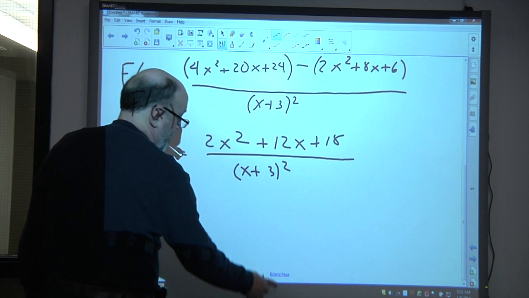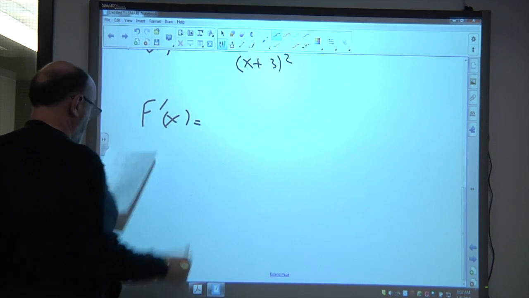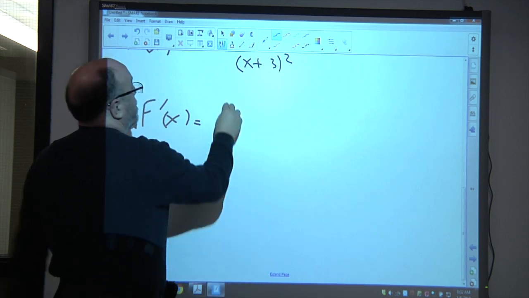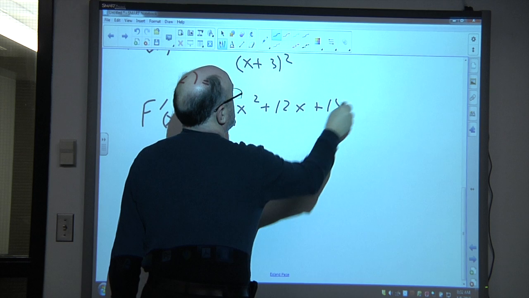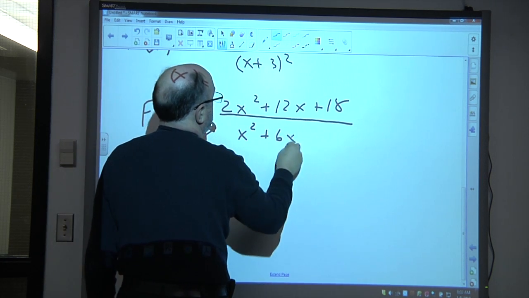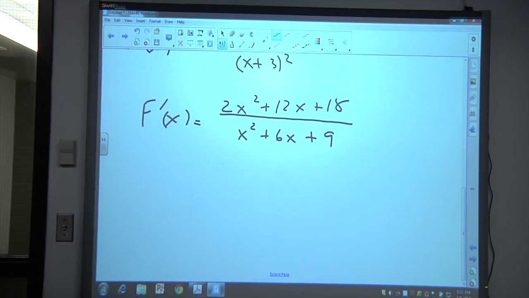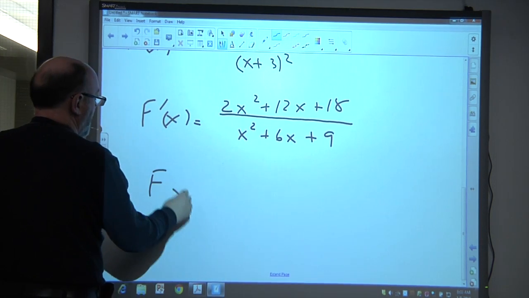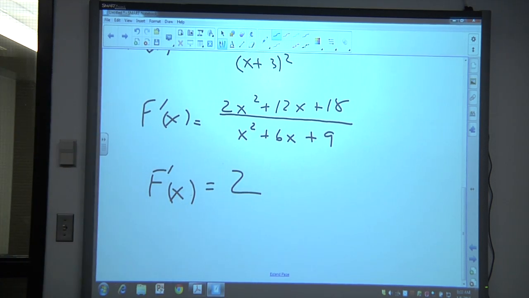And so now, continuing this, this is going to be 2x squared plus 12x plus 18. If I multiply the bottom out, I get x squared plus 6x plus 9. And you can see that the top is twice the bottom. So again, my answer is 2. Right? So either way, I get the same answer.